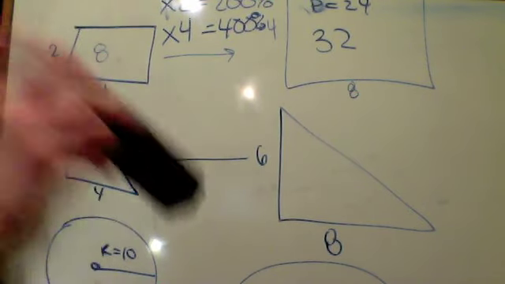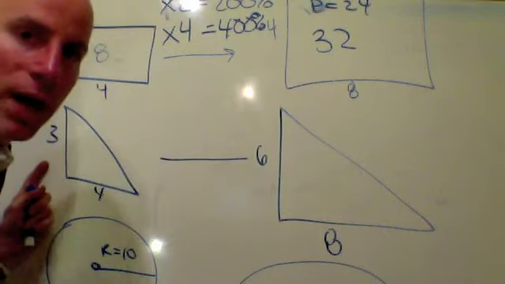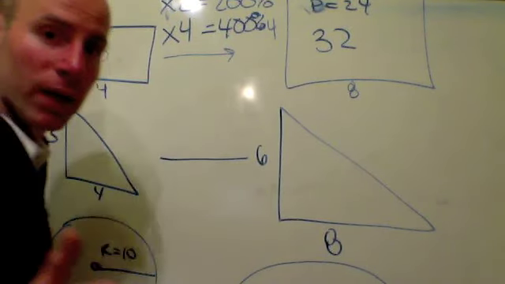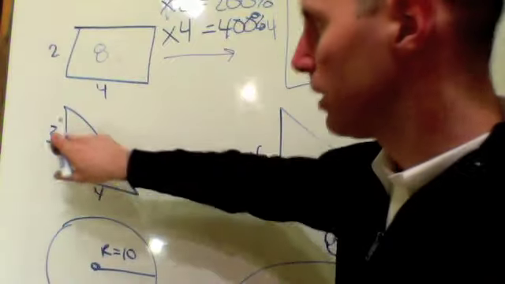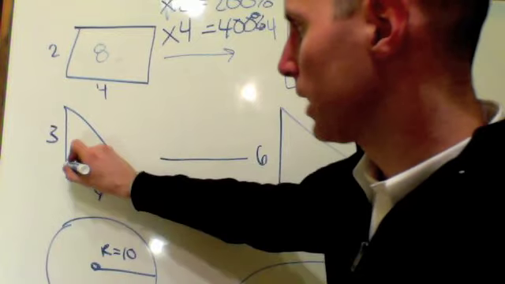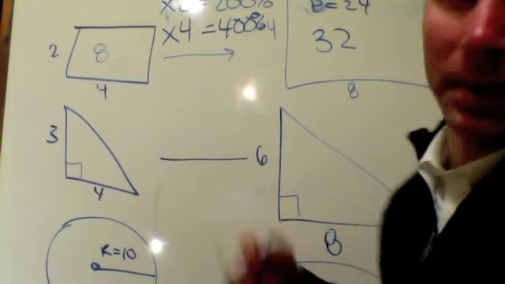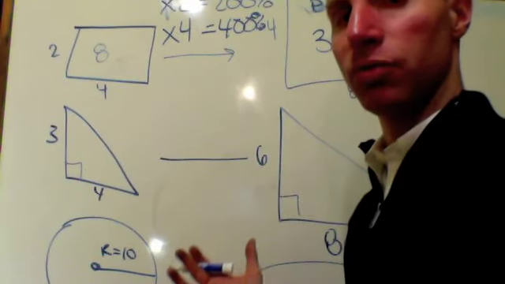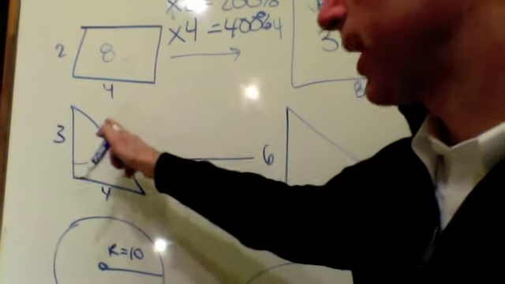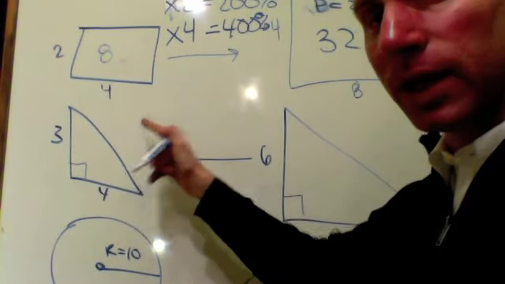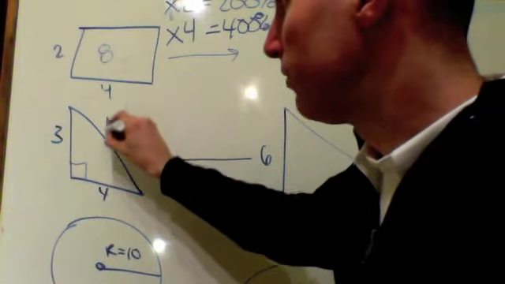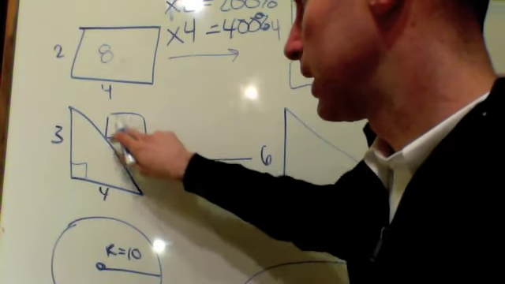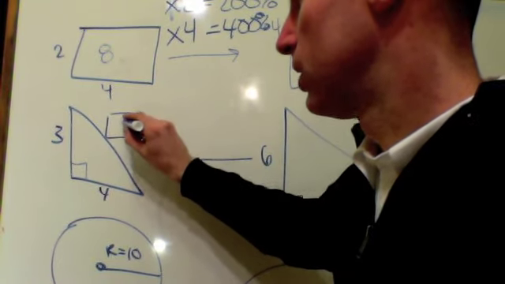Okay, let's see what happens when we do the same thing to a triangle. Well, guess what? Using the Pythagorean theorem on this right triangle here, I didn't add that in, but I'm going to add that in right now. I'm telling you that they're two right triangles. I could use the Pythagorean theorem, a squared plus b squared equals c squared. I could conveniently find out that this missing side here is going to be 5.